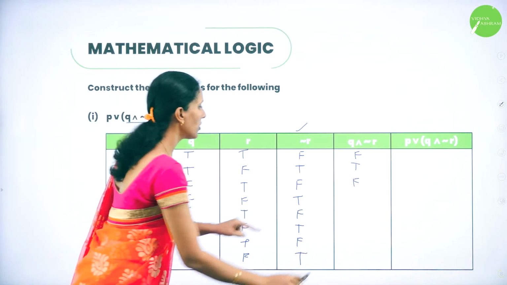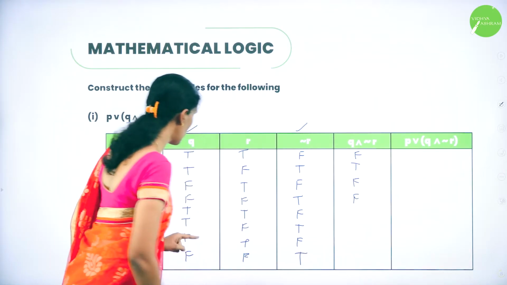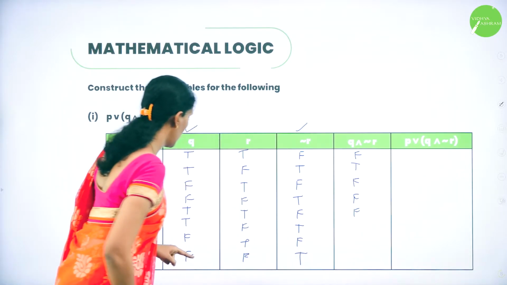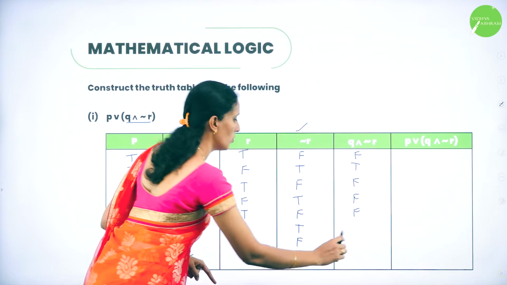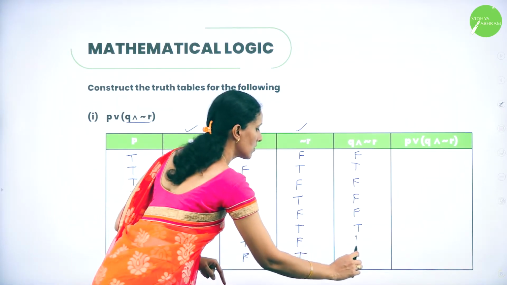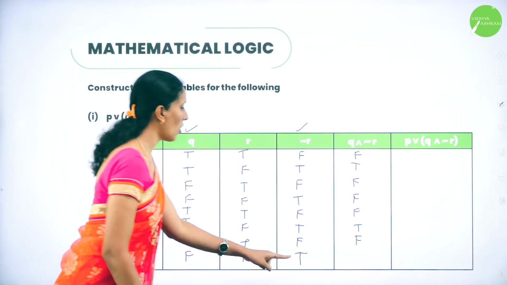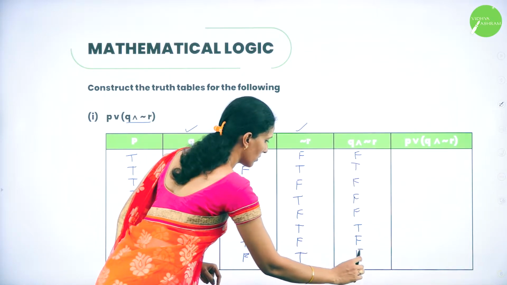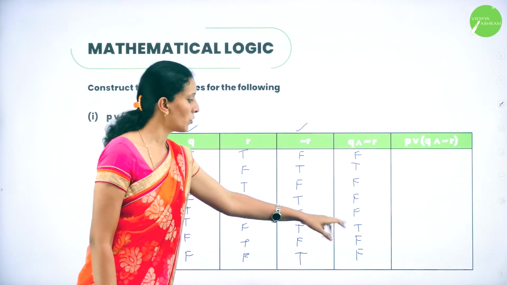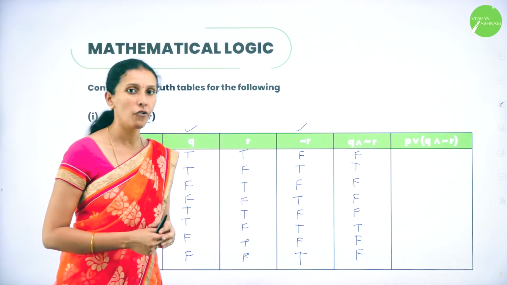Fourth is false, true, so it is false. Next is true, false, false. Next is true, true, so therefore it is true. Next is false, false, so false. Next is false, true, so therefore it is false. So we have only two truth values of true and the rest of the things are false.